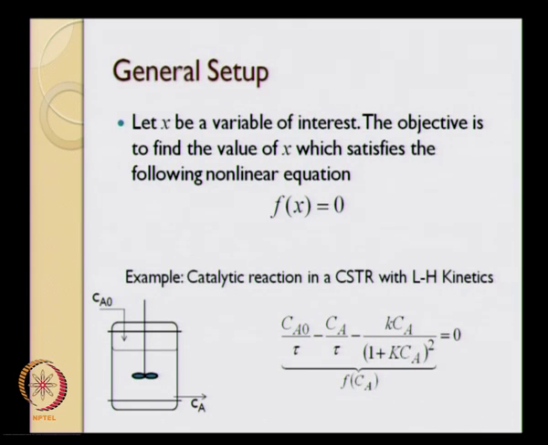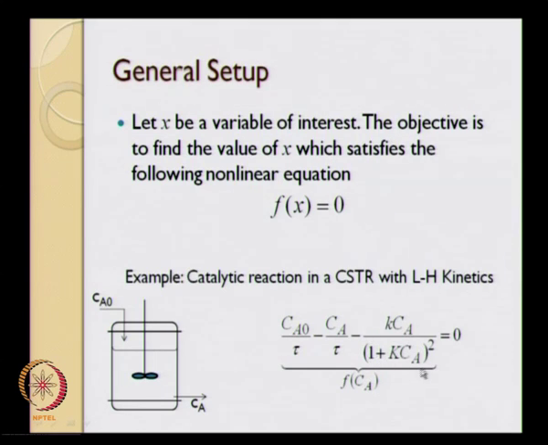Nonlinear systems are extremely common in chemical engineering, and for that matter in any engineering system. A simple example that we have taken here is a catalytic reaction taking place in a continuous stirred tank reactor, where the catalyst follows Langmuir-Hinshelwood type kinetics. If we get the steady state relationship for the CSTR, where tau is the residence time, we get inlet concentration divided by tau, minus the outlet concentration divided by tau, minus the rate of reaction, which should be equal to 0 at steady state.